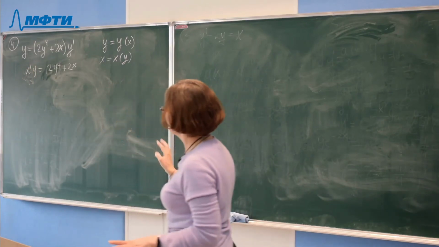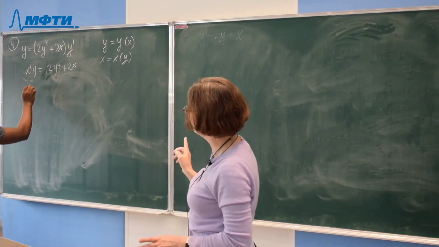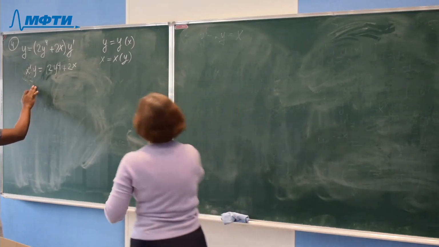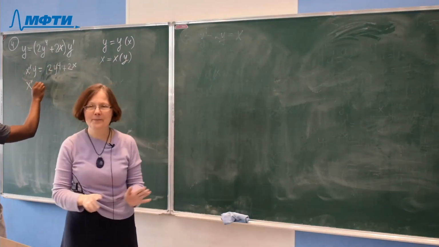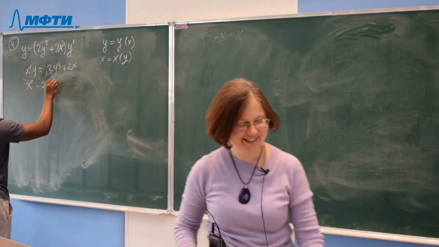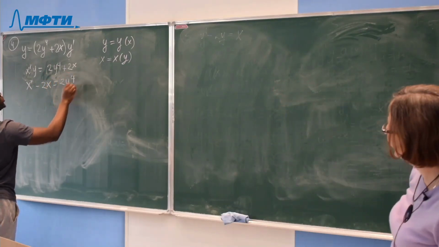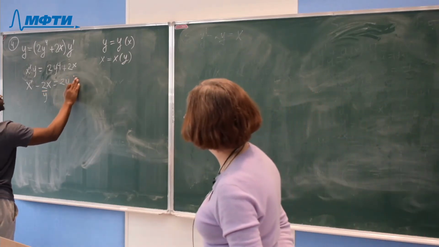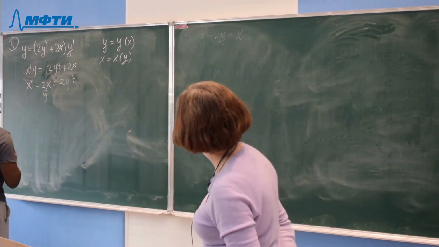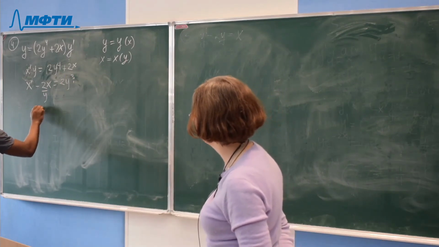So first, rewrite in the standard form. You should move 2x to the left and divide by y.